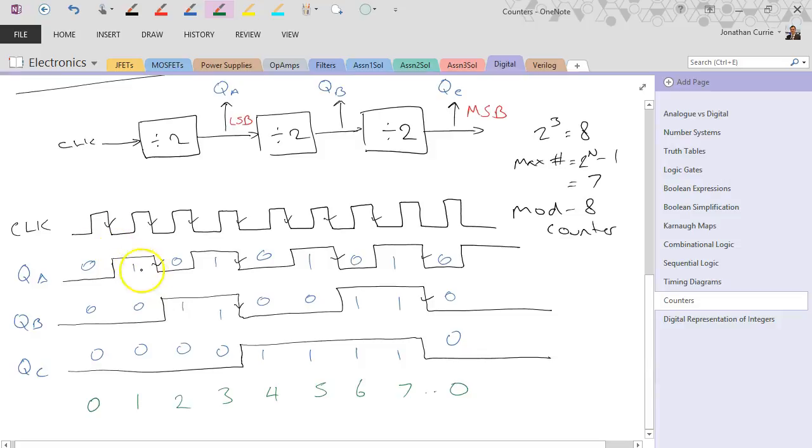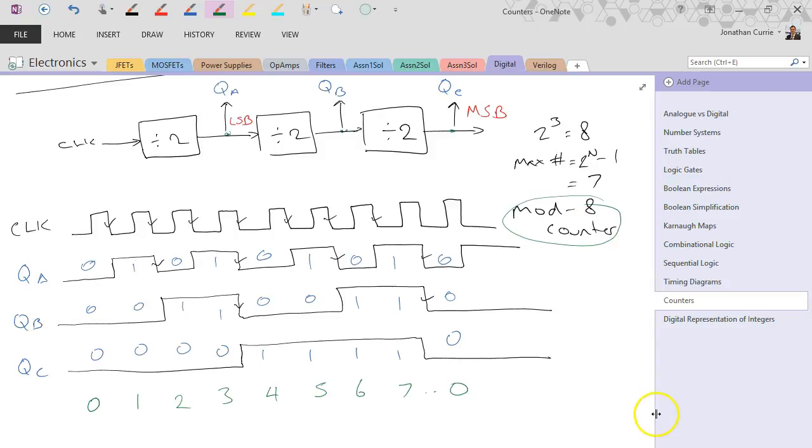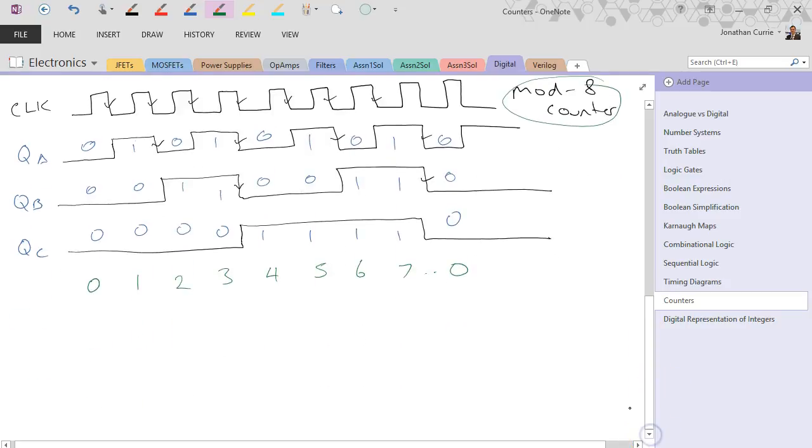And you can see that frequency division, this is half the frequency of the clock, B is half of A, and C is half of B. What we've done is if we read out across the outputs of each of our, these could be JK flip-flops set up to toggle, we see that we end up with an up counter. It's got 0 to 7, so it's got 8 states, so it's what's known as a mod 8 counter.